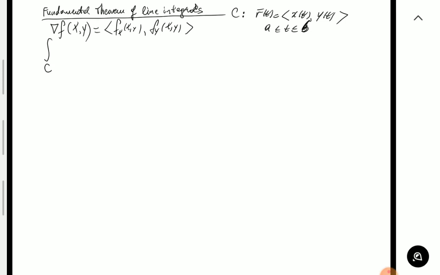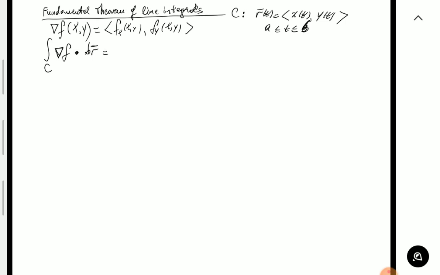Remember, a vector field is a function whose components are functions of several variables. So the gradient itself is one such vector field, right? So like with any vector field, we can take the line integral over it. So the line integral over this curve of a gradient, we can write in the formal notation, gradient of f dot dr.